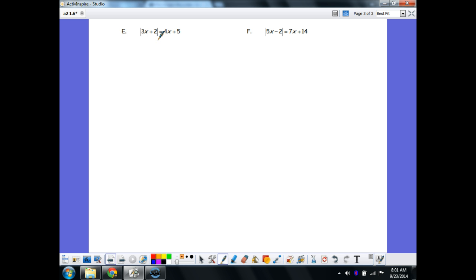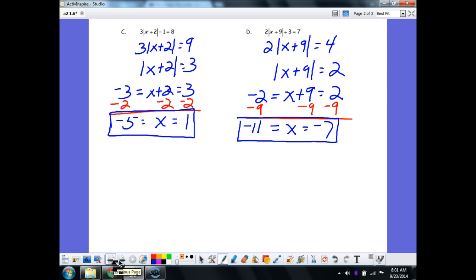So how to handle that, we're going to look back at the two examples we did on the previous video and look at once we've got the absolute value by itself, what we did next was set that part that was inside equal to both this number and the opposite of that number. So we're going to use that information to help us with those next two examples.